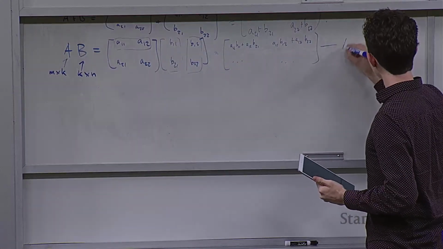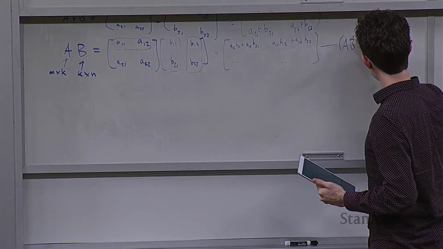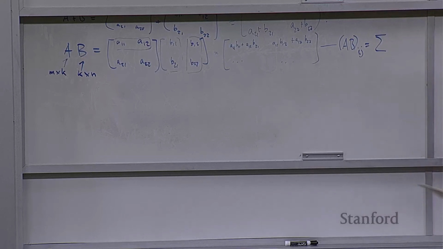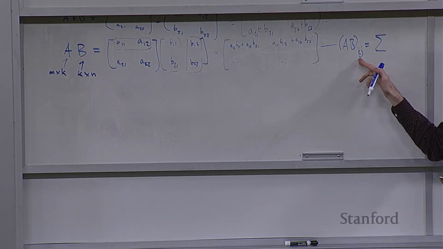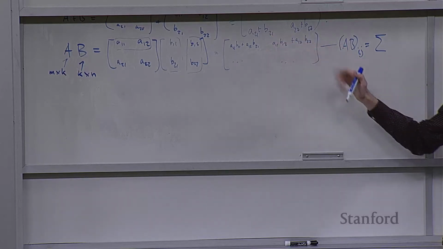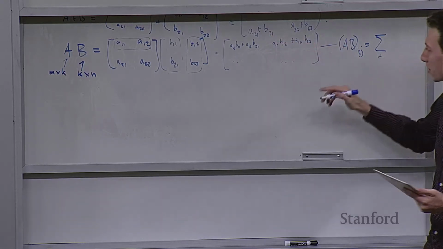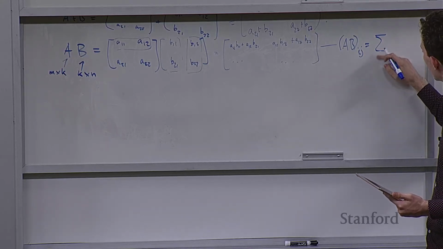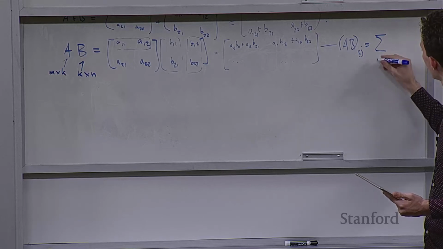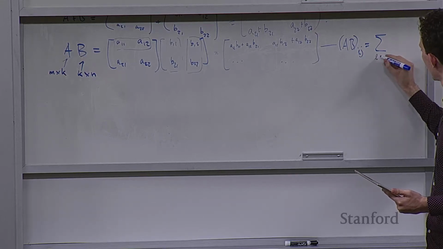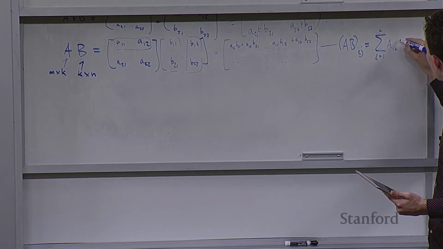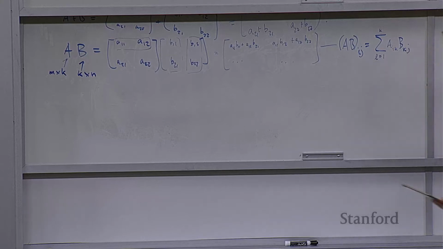Now, another generally useful thing that you might need to use in homeworks is if I want to look at the ijth entry in the product AB. What this means is in the ith row in the jth column. What I do is I sum across, or maybe to use a different index, I sum across L from 1 to k of A_iL B_Lj.